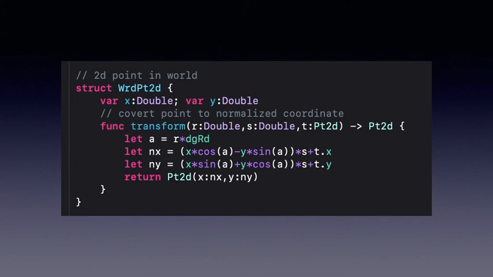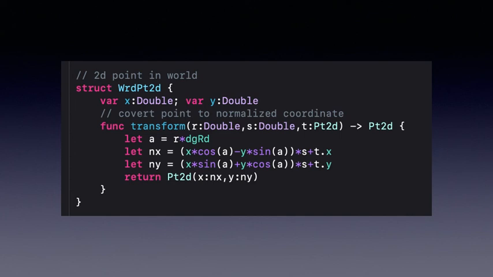And you do that with 3 affine transformations: the rotation, the scaling, and the translation. Now, given one of these points, there's a function defined as transformation. What it takes is a rotation value, a scaling value, and a point. In other words, where do you want to position it?